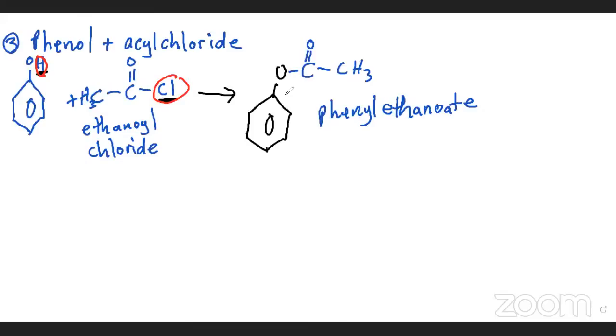That's phenol with acyl chloride. That's the general name of this type of compound, acyl chloride. It's basically a carboxylic acid in which the OH is replaced with chlorine. So let me just write that here: acyl chloride.